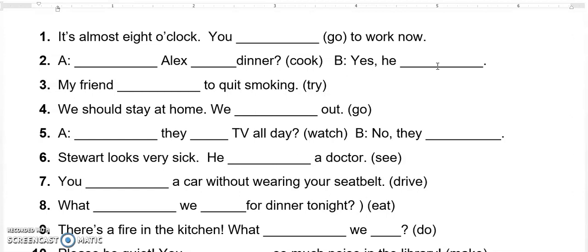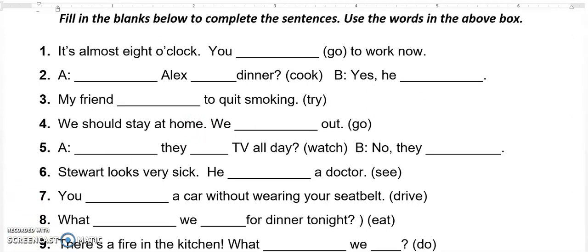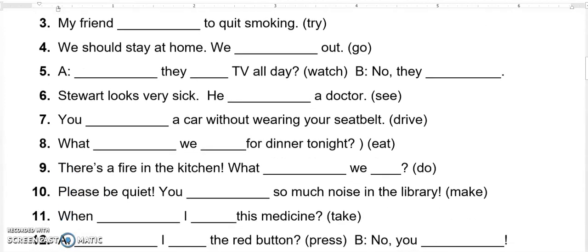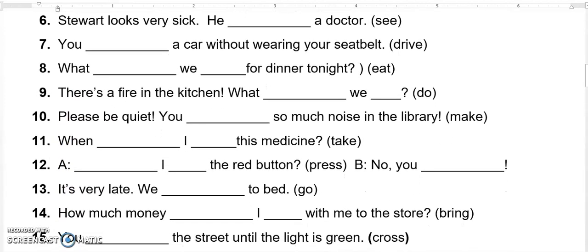In order to complete these parts, you have your guide. So we are going to see the answers of this part in the class.